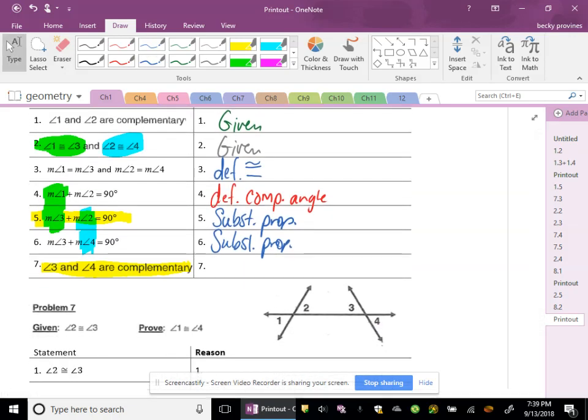Now for number 7, if you have angle 3 and angle 4 and they're complementary, isn't that exactly what step number 6 says? I mean, it says angle 3 and 4 equals 90, and complementary means 90. So what vocab word means what we're using? We're using the word complementary, so that is actually the definition of complementary angles again.